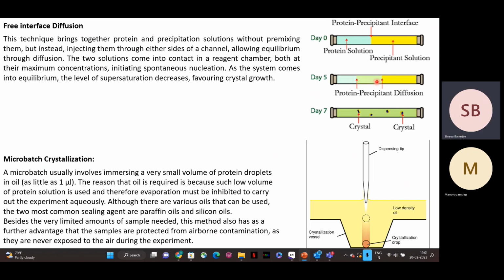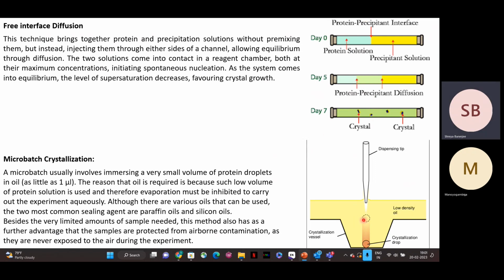The two solutions come into contact in a reagent chamber, both at their maximum concentration, and this initiates spontaneous nucleation. As the system comes into equilibrium, the level of supersaturation decreases and crystals pop out like this.